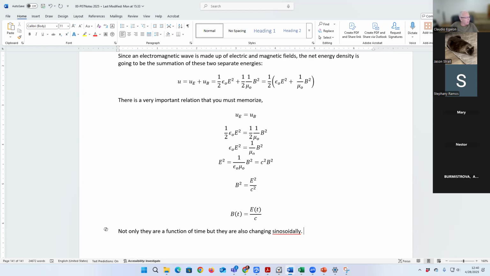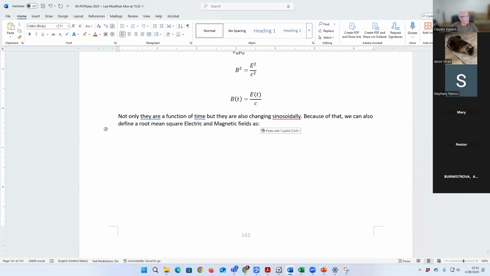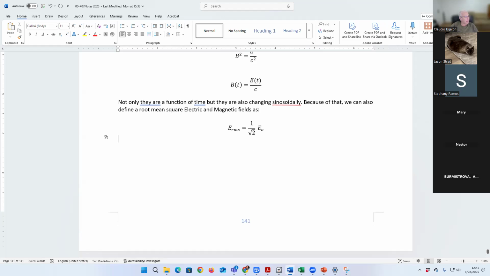Okay, because of that, we can go back to our definition of root mean square, but now for the electric and magnetic fields. We have that the root mean square value of the electric field is the amplitude of the electric field divided by the square root of 2. And the same thing applies to the magnetic field as well.